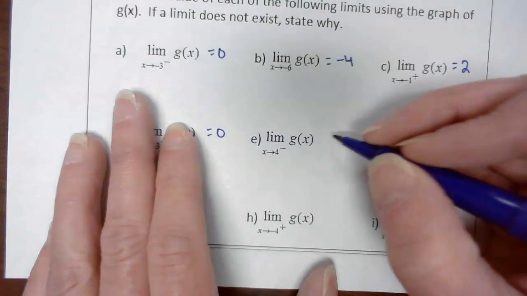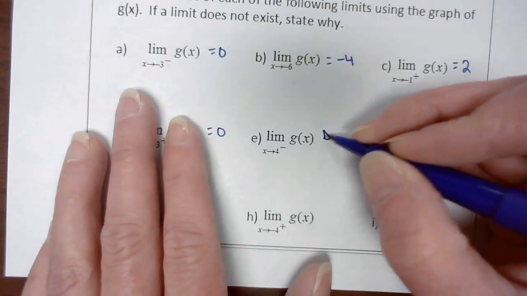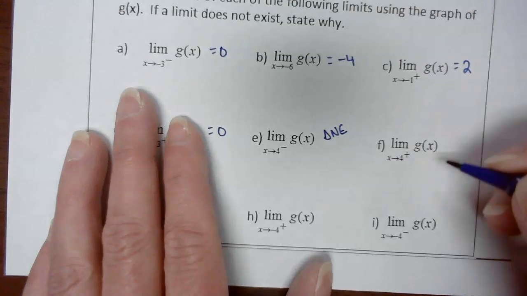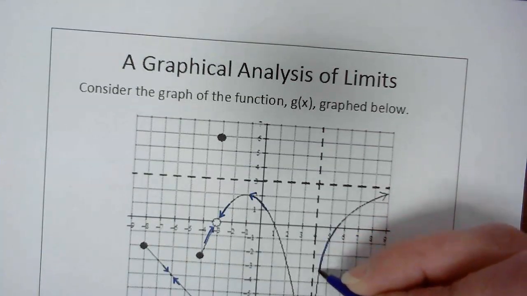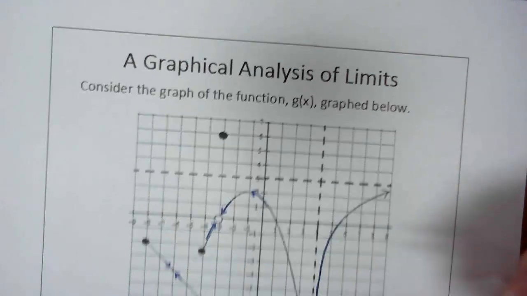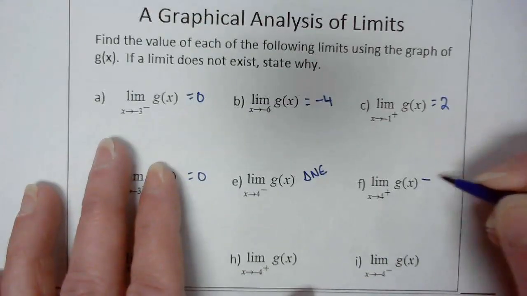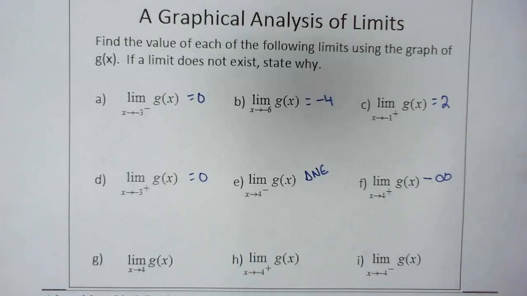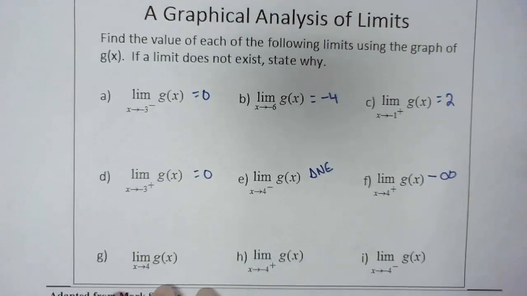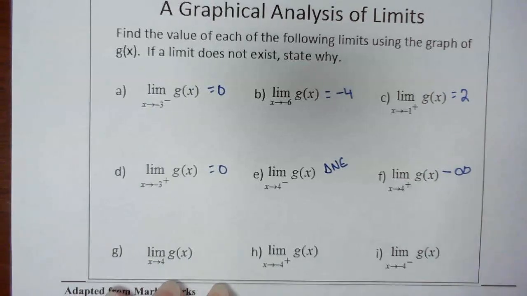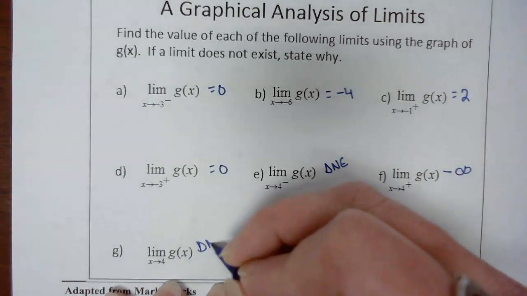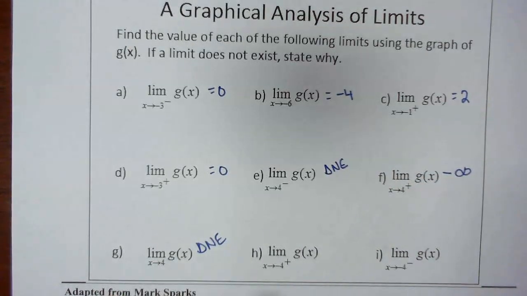So this one does not exist. But what about from the right side? Well, from the right side, it's going down, down, down. It goes to -infinity. So what is the limit at 4? Well, one side's going to -infinity, the other side doesn't even reach it, so it does not exist.